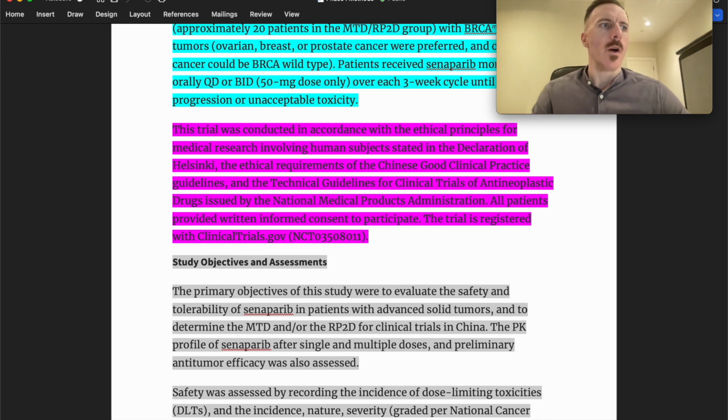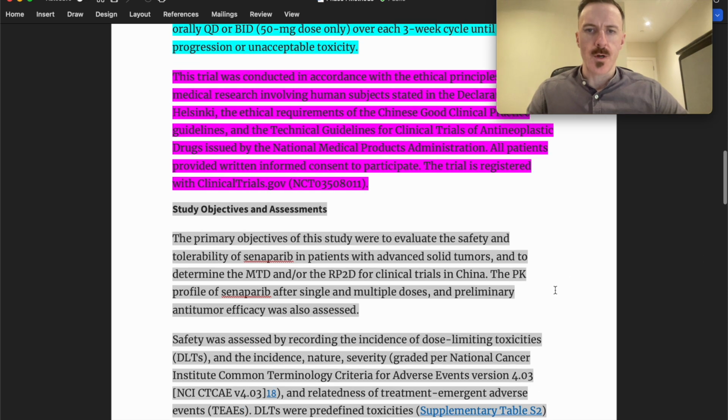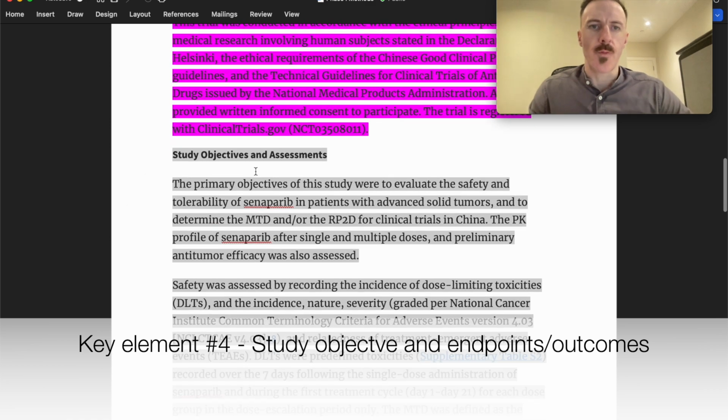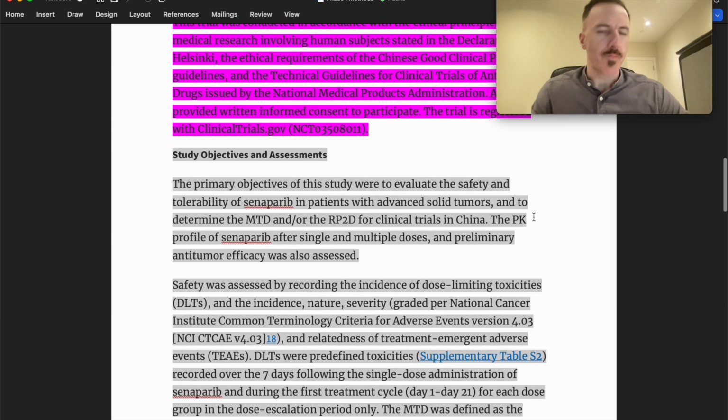So a key component, as one might expect, in reporting certain information in the methods section is what were the study primary objectives and endpoints. So where these are structured is going to depend on the journal guidelines. So after the eligibility and study criteria information is reported, we next go on to this section.